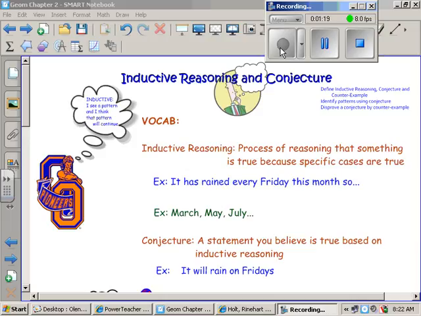Our brains are hardwired to look for patterns. It's constantly going on in the back of your mind, looking for patterns, ways of making sense of the world. That's what inductive reasoning is: looking for patterns and then guessing what's coming next based on what you've already seen.